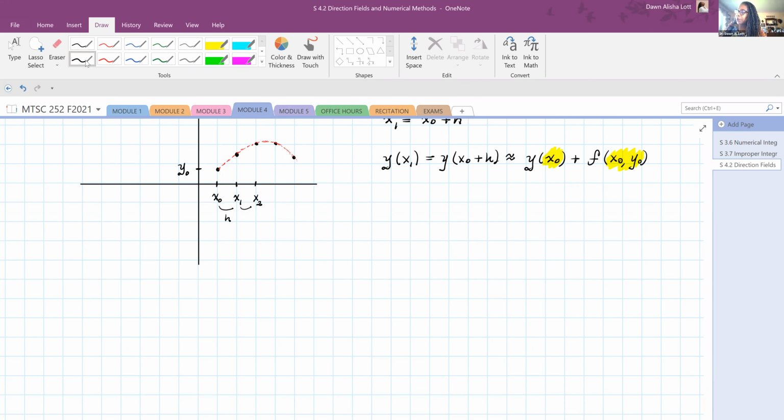So let's do something easy. dy/dx is equal to y, with y at 0 equal to 3.